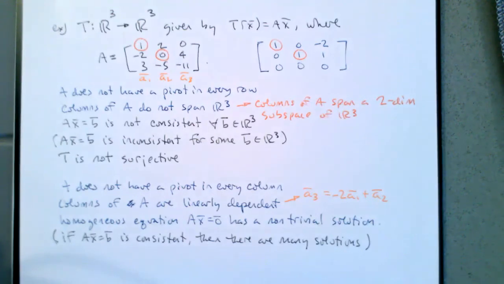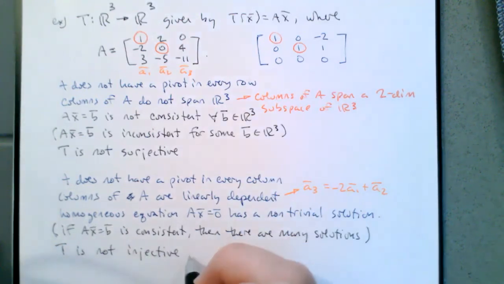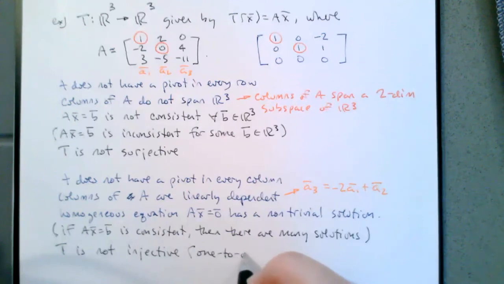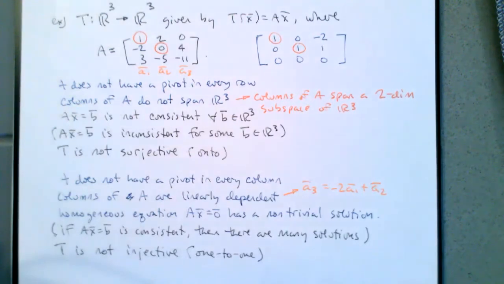We can also say that this transformation is not one-to-one, or not injective. One-to-one means that you don't have two vectors going to one vector. That would be many to one.